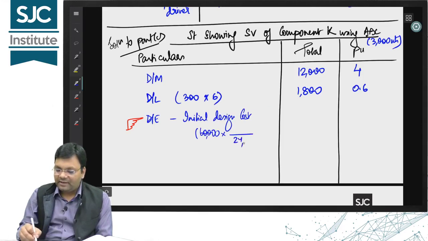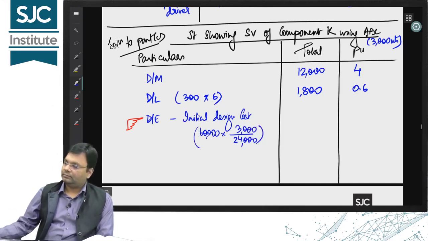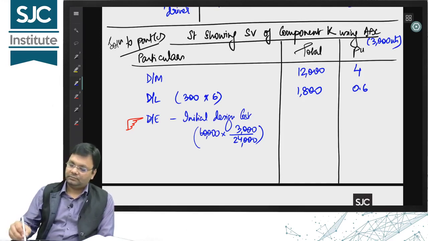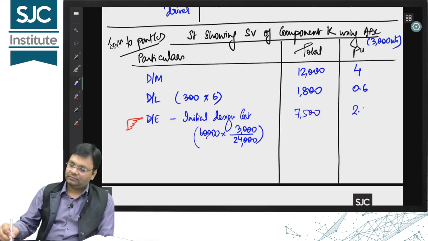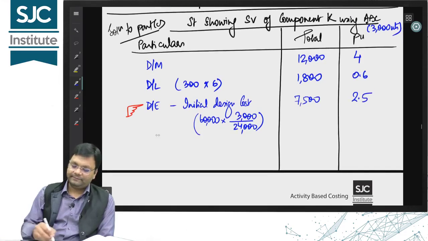So divide by 24 and multiply by 3000. 60,000 into 3 by 24, 7,500 divided by 3000, 2.5.